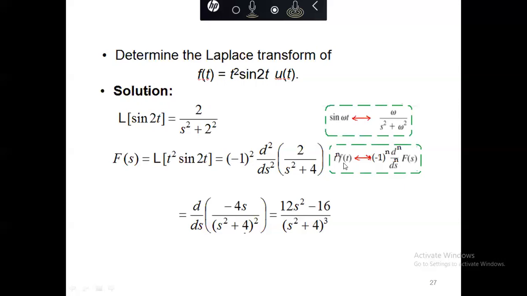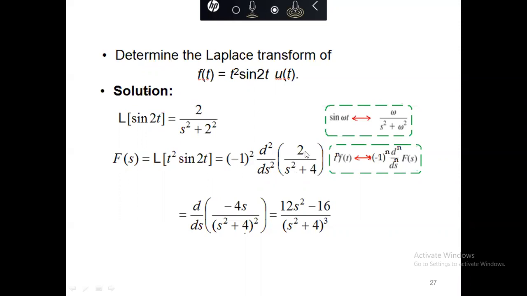For this we use the relationship which we learned in the last lecture, that t^n f(t) is minus 1 raised to power n, times the nth derivative in the frequency domain of F(s). So we have minus 1 squared and the second order derivative of 2 over s squared plus 4.